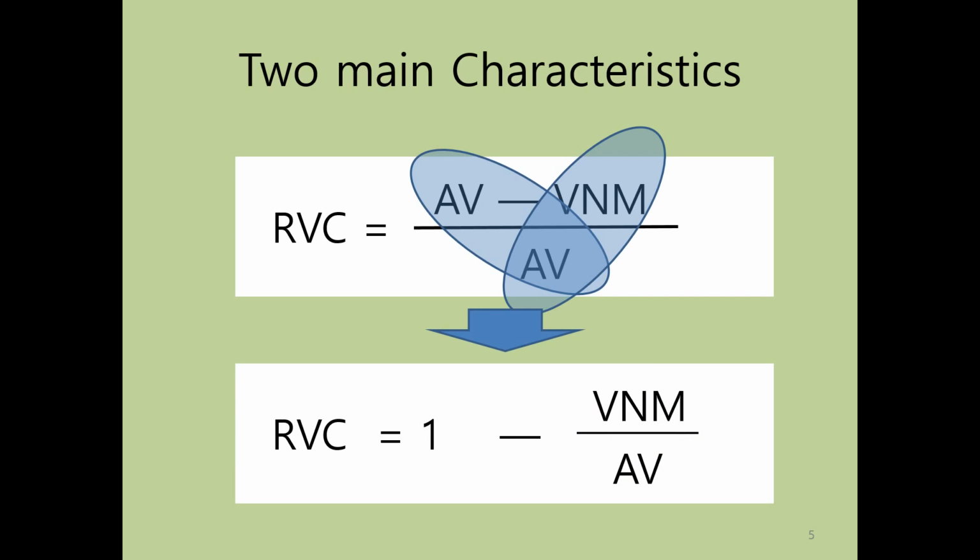If AV denominator increases, the whole deduction amount would decrease. And finally, RBC rate increases. On the other hand, if VNM numerator decreases, the whole deduction amount also decreases. As a result, RBC rate increases.